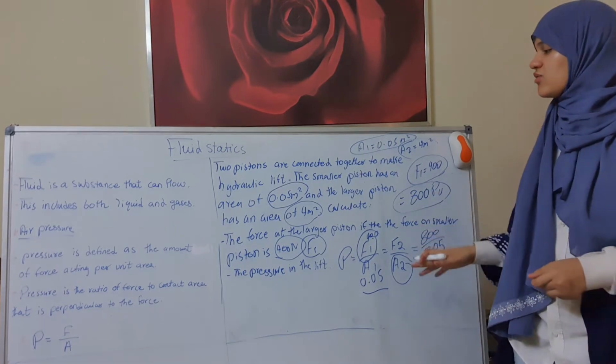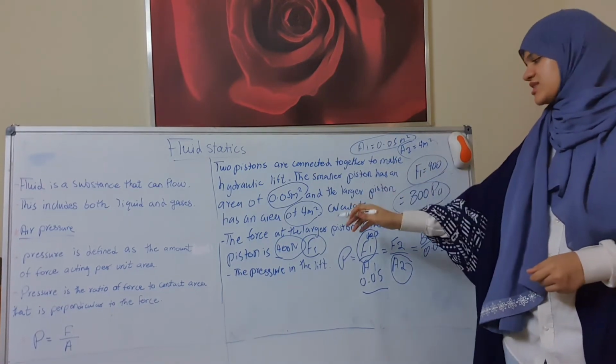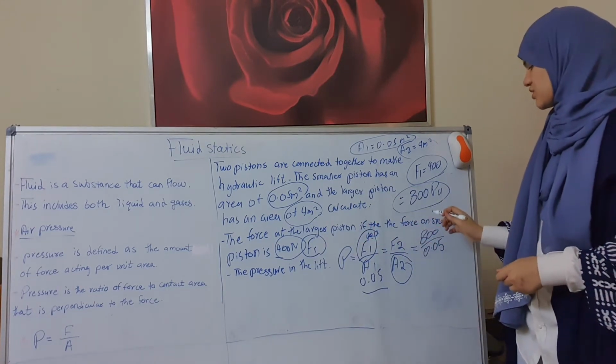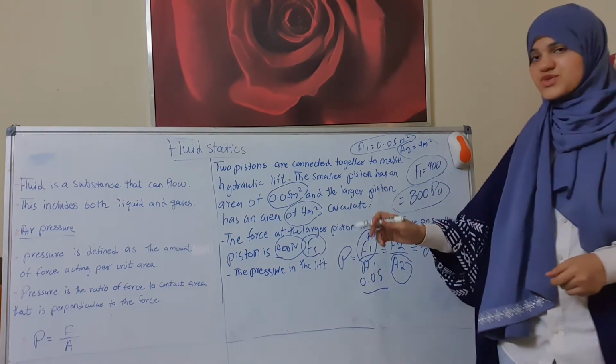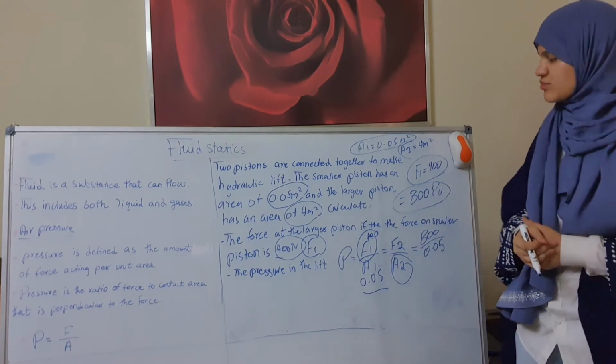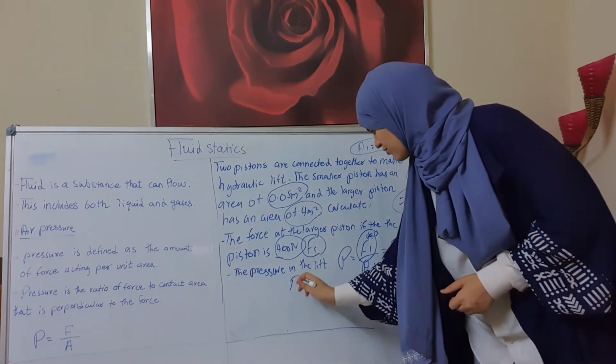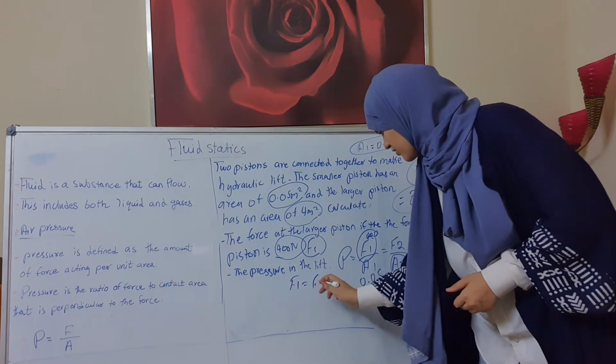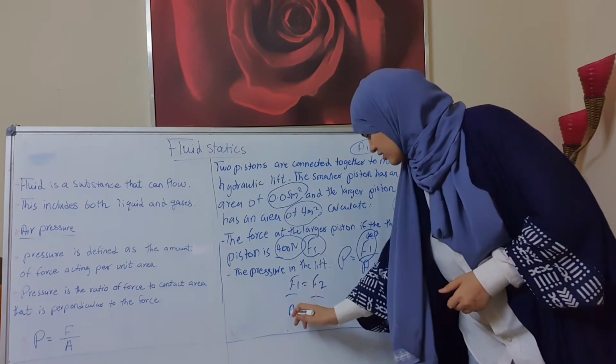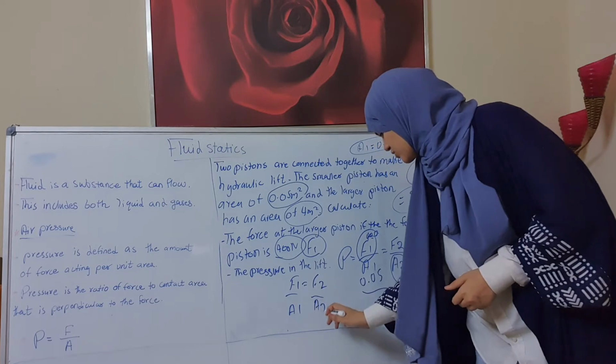Okay, now for the second one, which is the force at the larger piston. If the force on the smaller piston is 400 Newton, that means we have F1 over A1 is equal to F2 over A2.